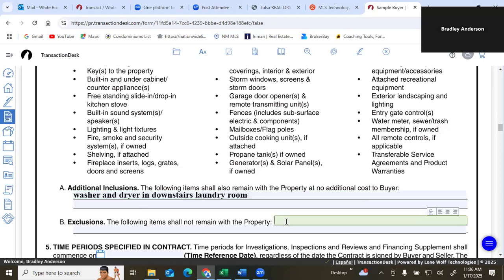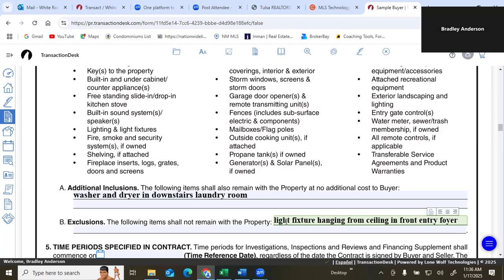Let's just say that the seller says, yeah, I know it says that, but listen, I have this light fixture hanging from ceiling in front entry foyer.